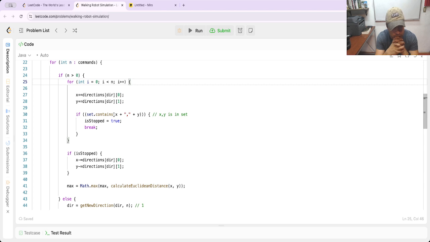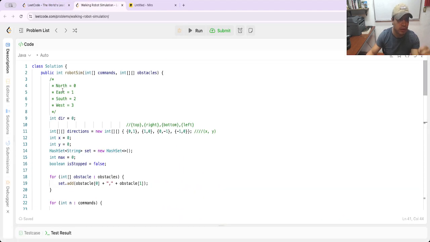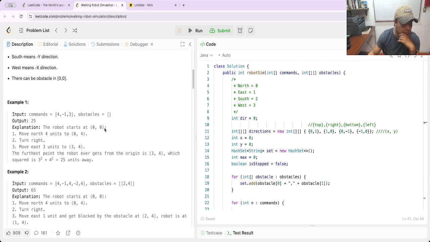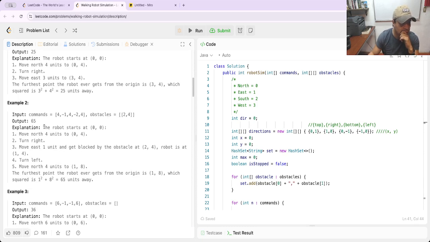Oh, I think that we calculate this right, but next we should come back to the previous value. Let me explain here. Here, for example, with the obstacle here. The first time the robot moves north 4 units.